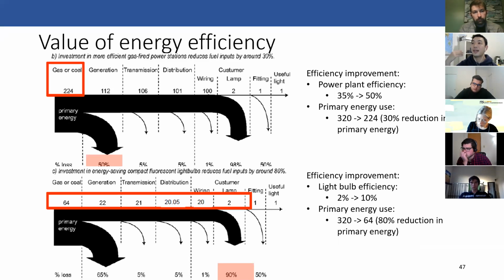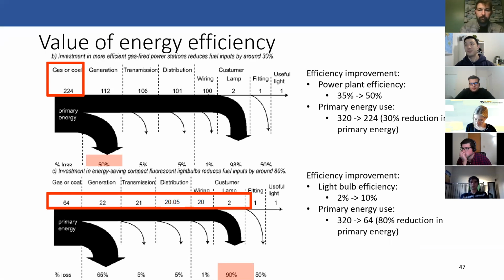So I get 10%, or 5 times more, out of a single light bulb. See what happens here. The efficiency trickles all the way upstream from the production, and so in order to get that one single unit of useful light, I only need 64 units of your original primary energy.